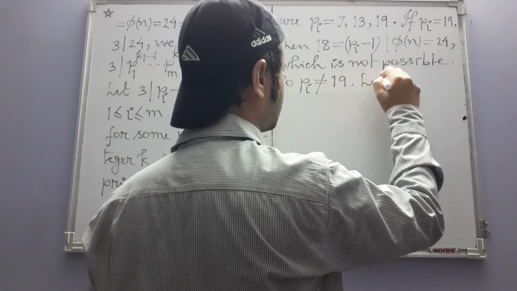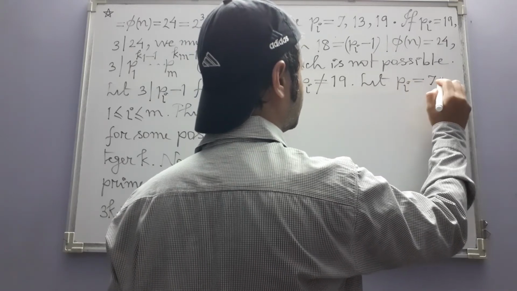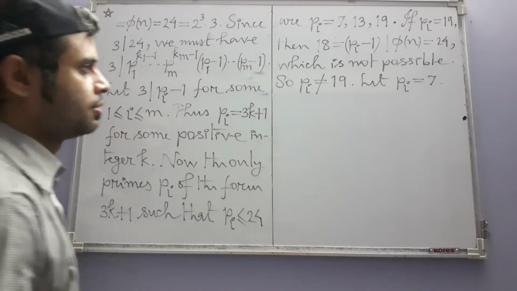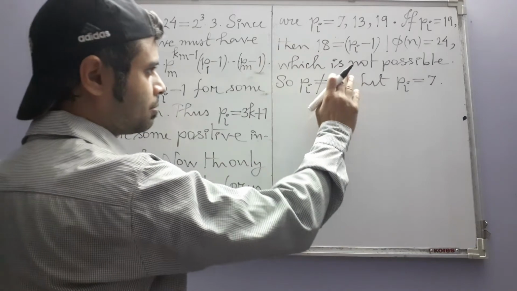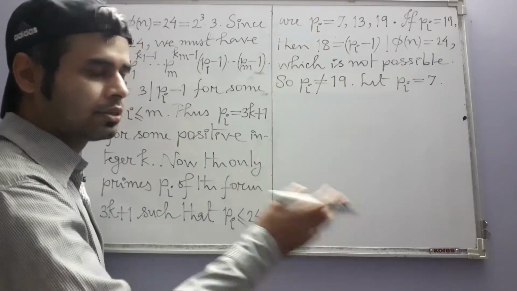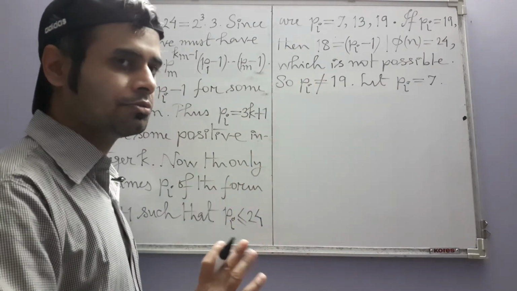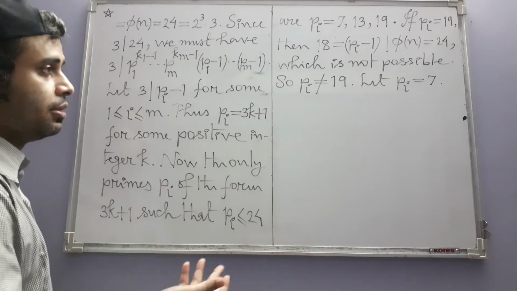Let pi be equal to 7. Okay. Now if you just consider pi minus 1 again for pi equal to 7, you get 6, and 6 does divide 24, so there is no problem with this one. But there is something else.